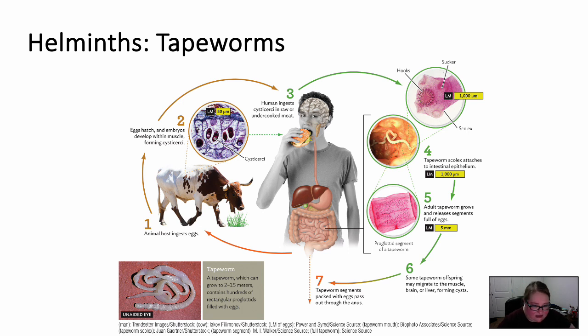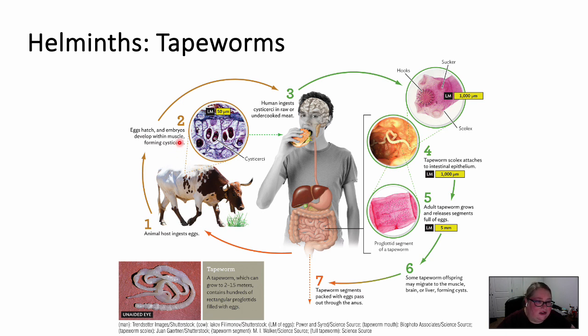Okay, so this is our life cycle of a tapeworm. Let me find where's my little guy? Okay, right there. Okay, so one of the ways they are transmitted is by the fecal oral route. So first up, they have to get into a host. So we have our cow here eating grass, so it's going to ingest the eggs.